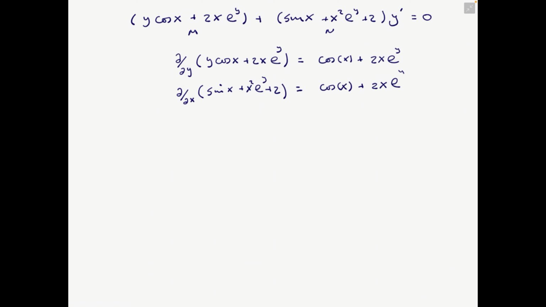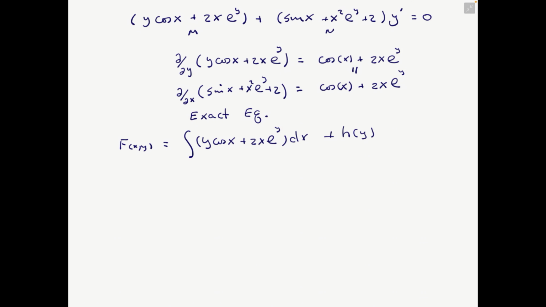If we take the differential of N with respect to x, we got sine of x plus x squared e to the y plus 2, and that's equal to cos x plus 2x e to the y. So, since these two are equal, we have an exact equation.